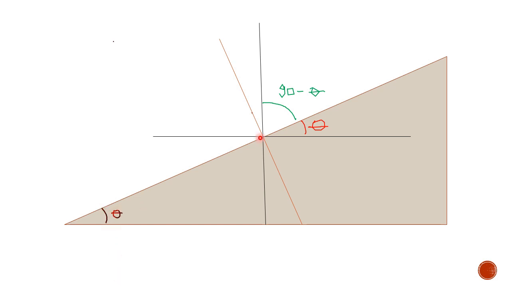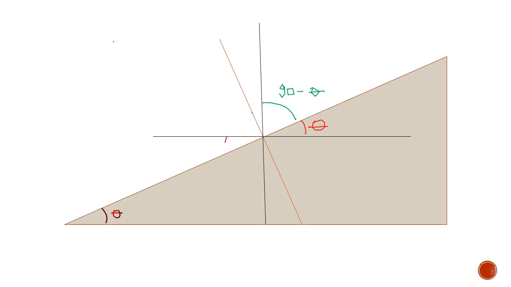Now, let us continue our analysis. If this is theta here, what can we say about this one? Actually, this one is also theta because they are alternate interior angles. And according to geometry, alternate interior angles are always congruent. So let us try to draw it here.